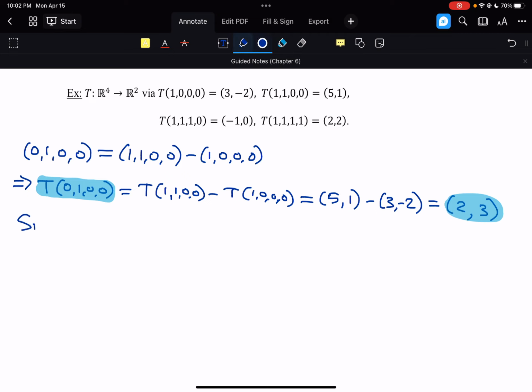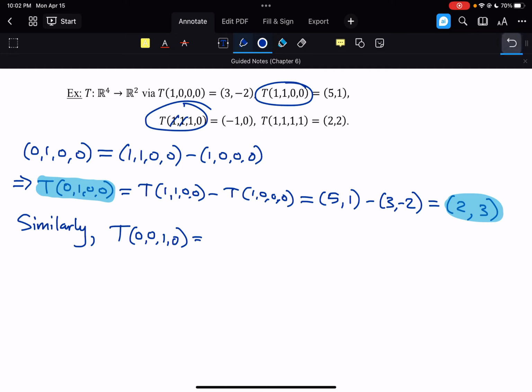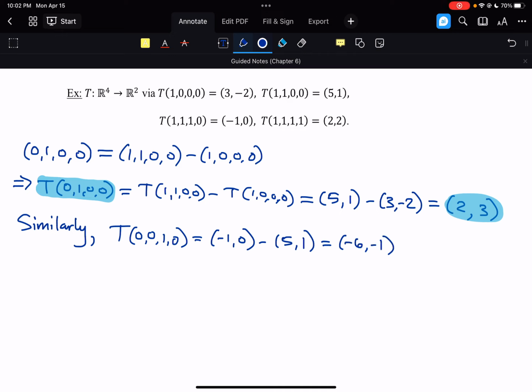Similarly, if we wanted the transformation of 0, 0, 1, 0, we would take this one minus this one, and that would subtract off those two. So we get negative 1, 0 minus 5, 1, so negative 6, negative 1.